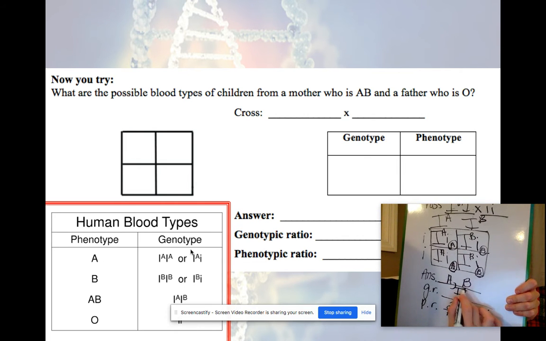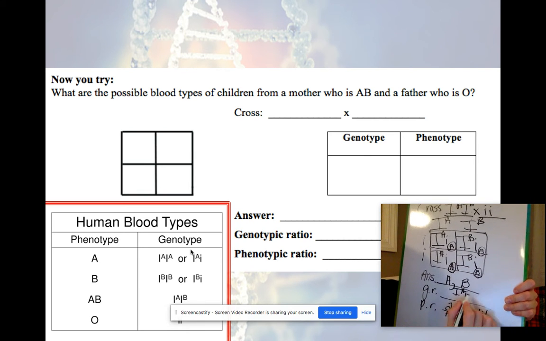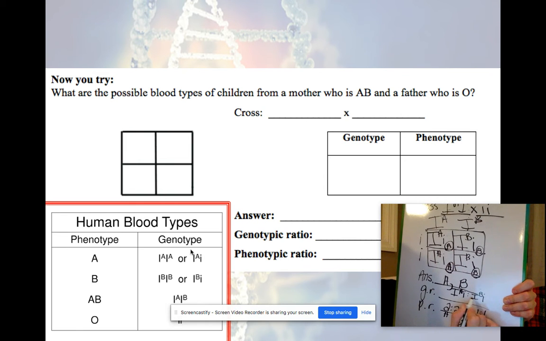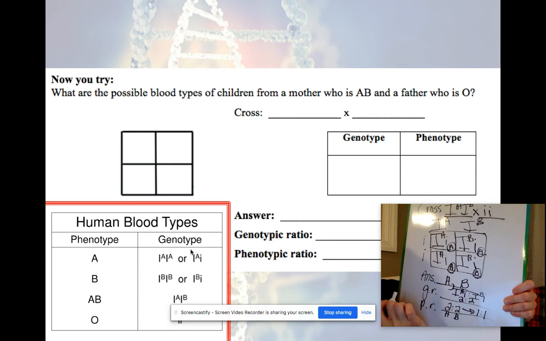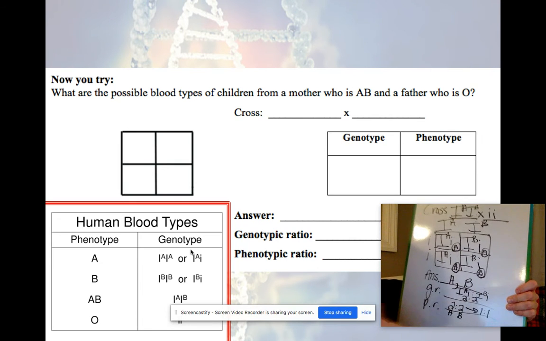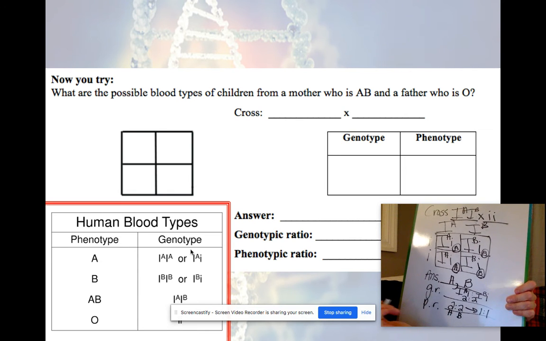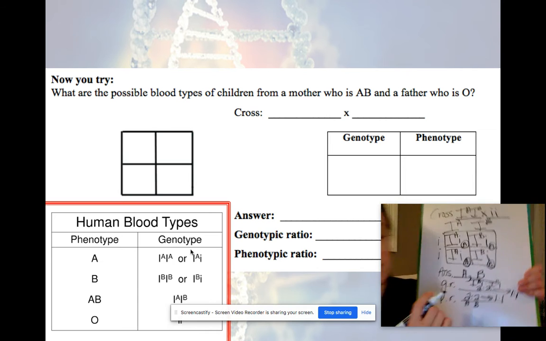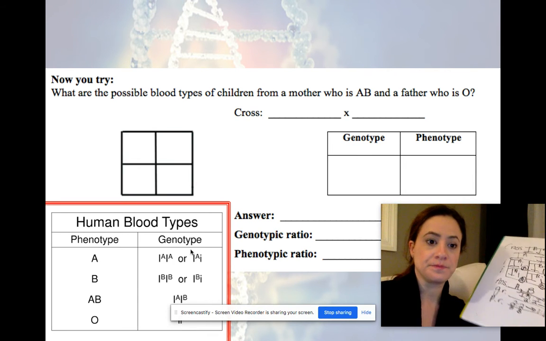We have what we call a heterozygous A, and we have a heterozygous B. So we have two of each, 2-to-2. If you write 2-to-2, that is completely acceptable. But that can be reduced to 1-to-1. And that's how you do that problem.